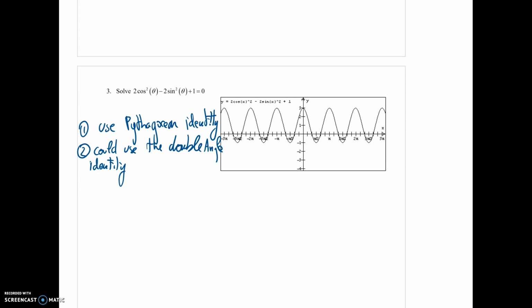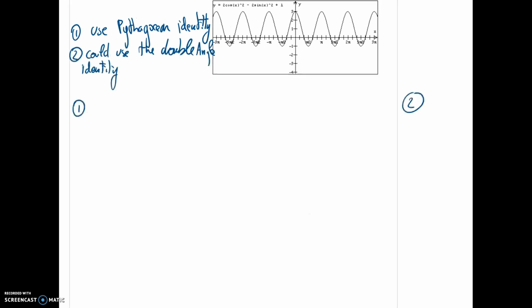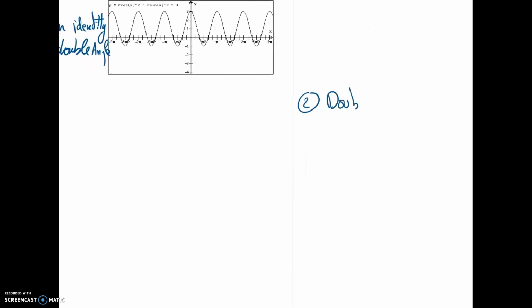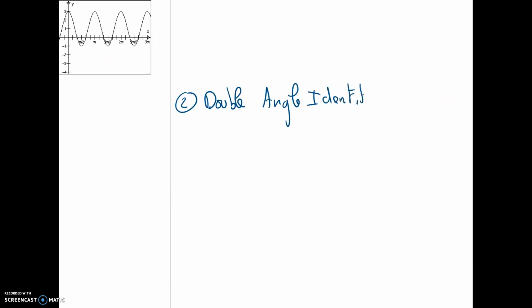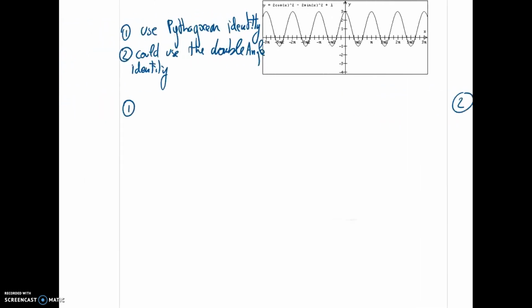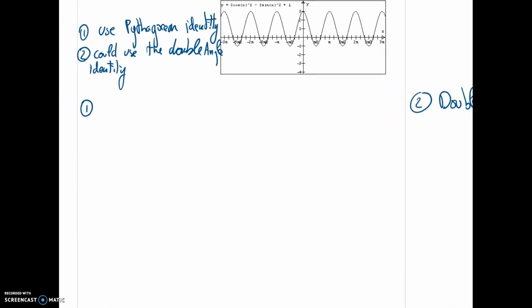Okay, so try to do, well, actually, you know what? I'm going to do the Pythagorean identity with you, and you will do the double angle identity by yourself. So we have 2 cos square of the angle theta minus 2 sine square of the angle theta plus 1 equals 0.